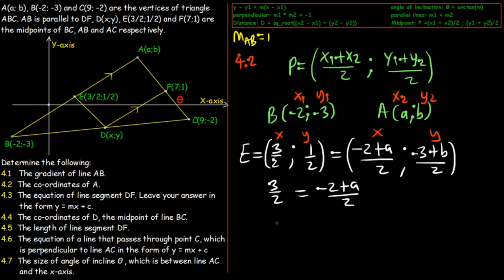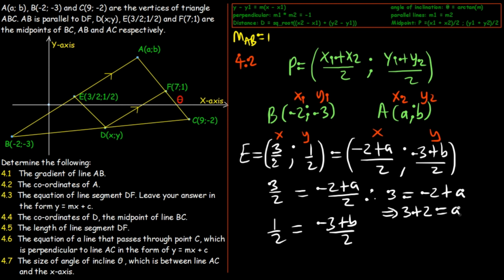We do the same: 1 over 2 is equal to -3 plus B over 2. Since the denominators are the same, the numerators should be equal. So we have 3 is equal to -2 plus A, which implies that A should be equal to 3 plus 2, which is equal to 5.